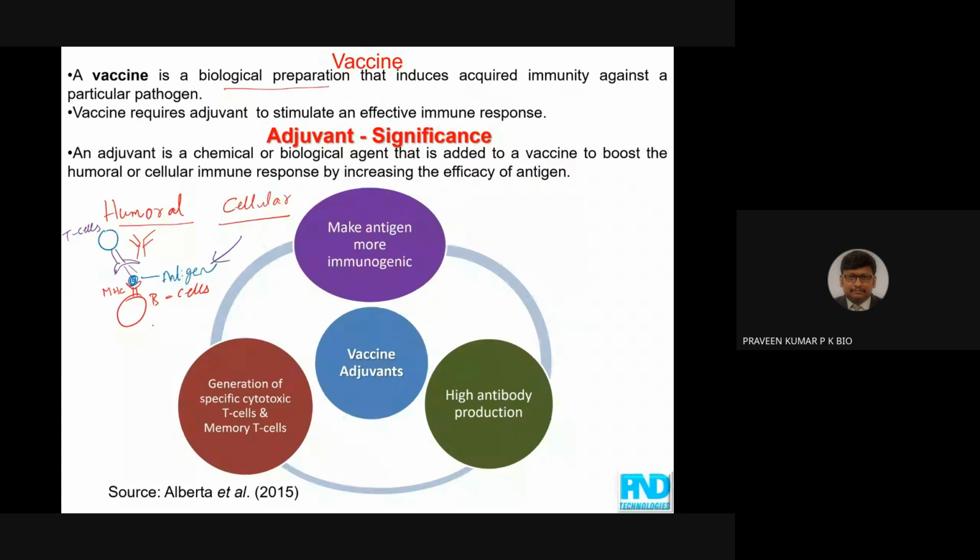Like B cells, we have antigen presenting cells such as dendritic cells and macrophages. These have MHC molecules on the surface, and the function of antigen presenting cells is not just to present on the surface, but to interact with the T cell receptors.